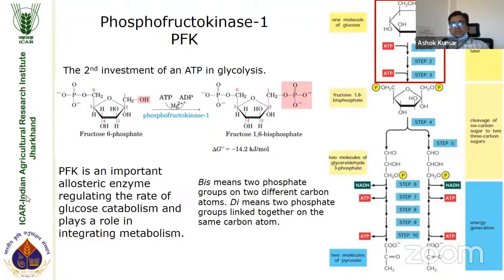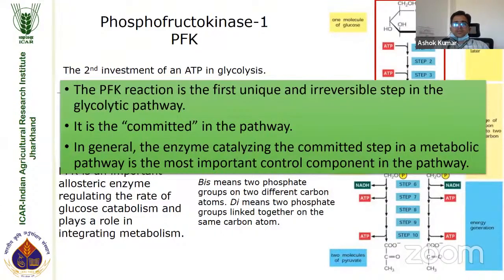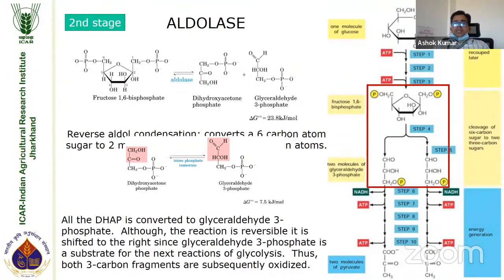Since it is an irreversible reaction and ATP is consumed, this reaction sets the flux for the glycolysis pathway. The second stage is catalyzed by one enzyme called aldolase. We have discussed aldolases in the enzymology class.